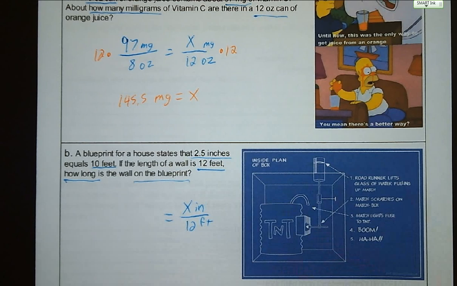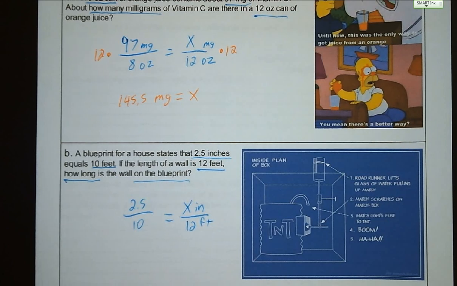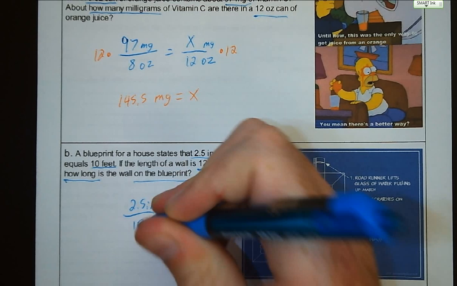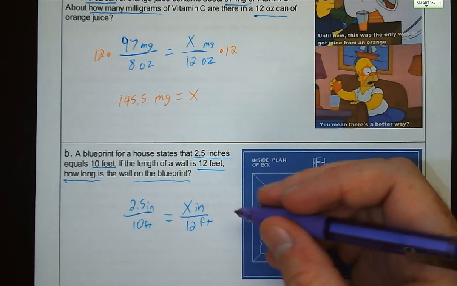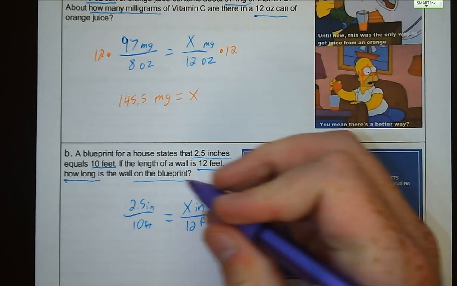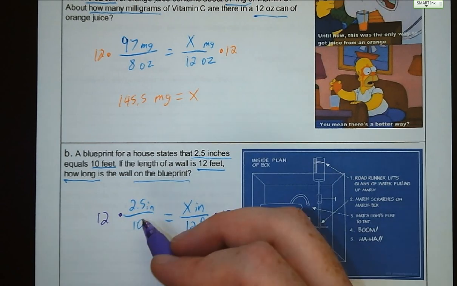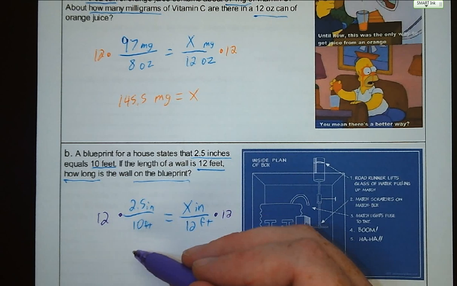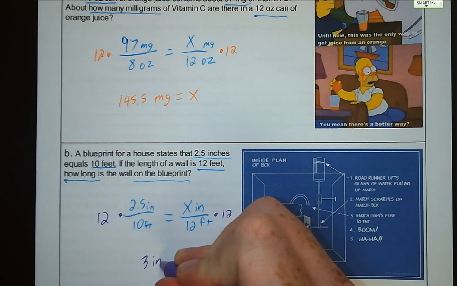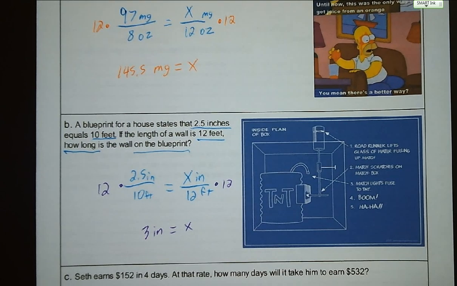And that's going to be equal to, I am told that 2.5 inches is a 10-foot wall. All right, so again, I put the variable in the numerator very specifically, so I can multiply both sides of the equation by 12. And I'm going to find out that 12 times 2.5 divided by 10 is going to be 3 inches is equal to x.